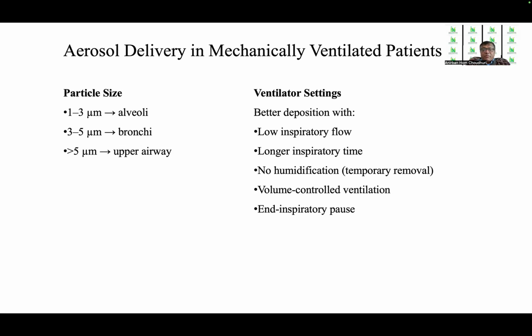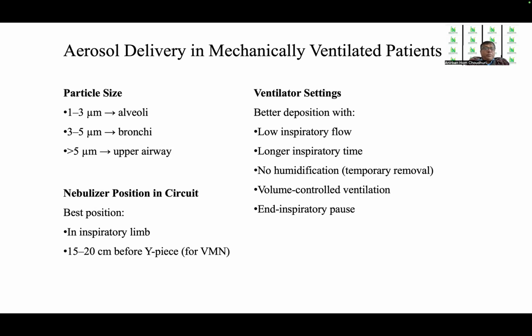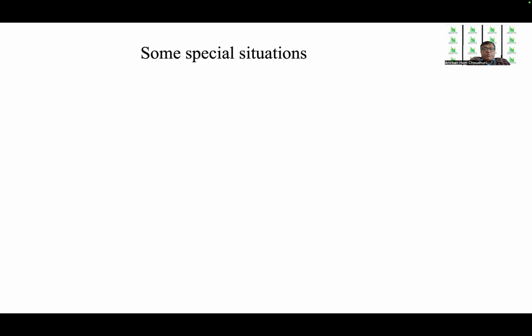Temporarily, the humidifier can be removed. Volume control ventilation with around 20% end inspiratory pause. The best nebulizer position in the circuit is in the inspiratory limb, around 15 to 20 centimeter before the Y-piece, particularly for vibrating mesh nebulizer.